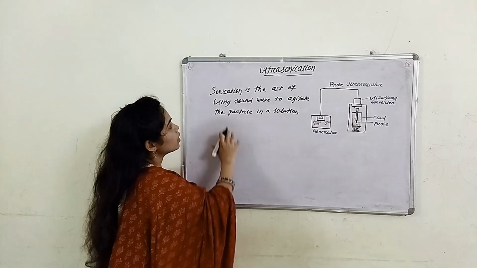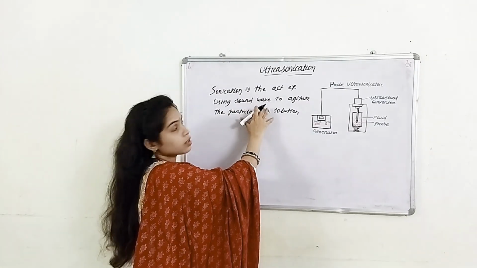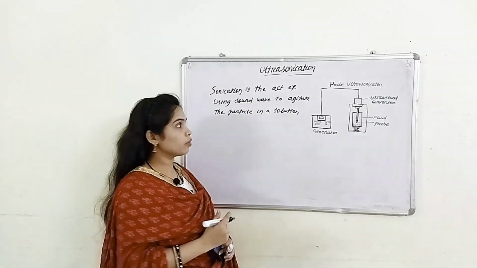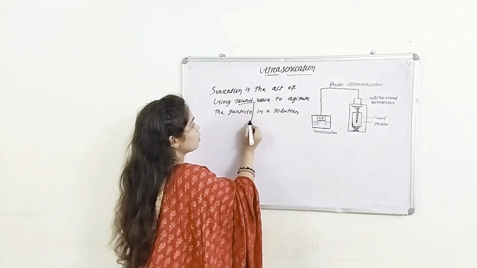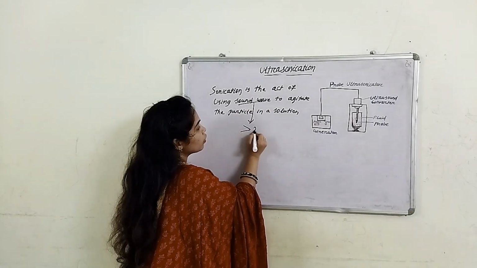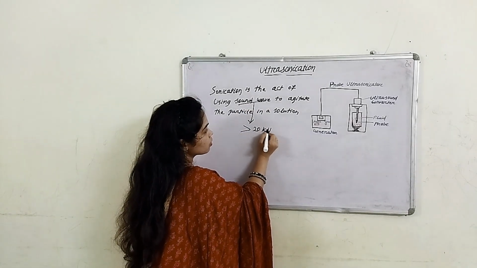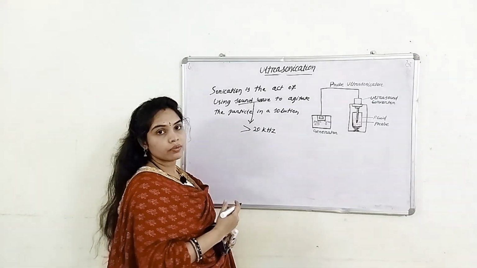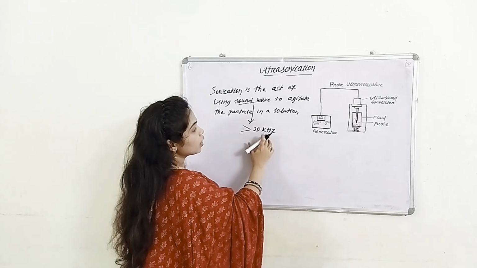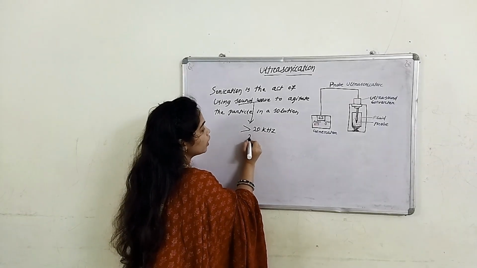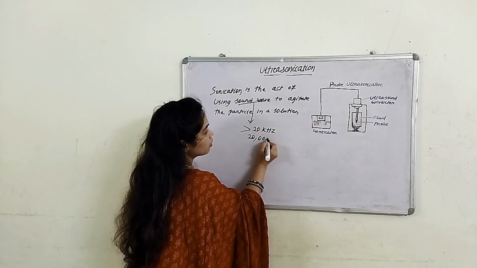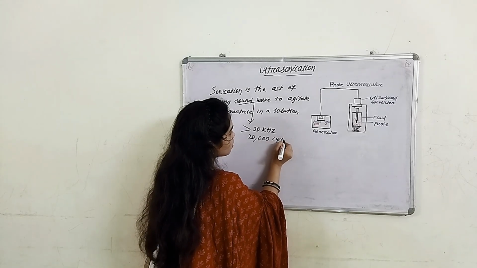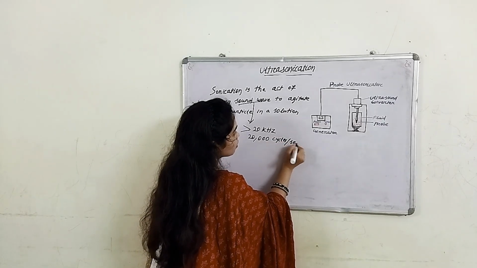So here, sound waves are used, meaning in the ultrasonication process a higher frequency of sound wave is used, that is more than 20 kilohertz. Hertz is the unit of frequency of sound waves, meaning 20 kilohertz means 20,000 cycles per second.